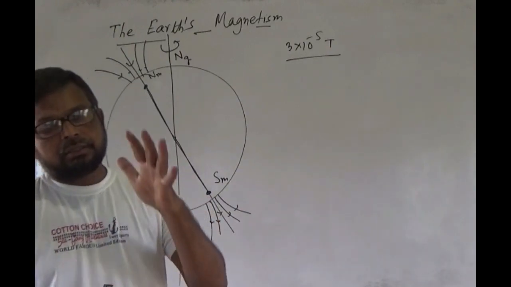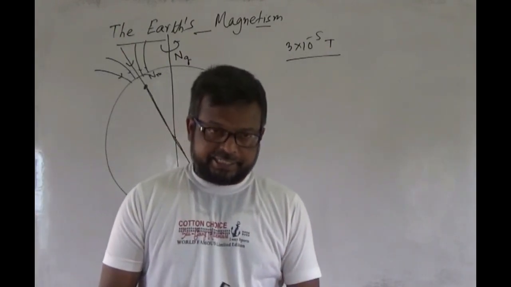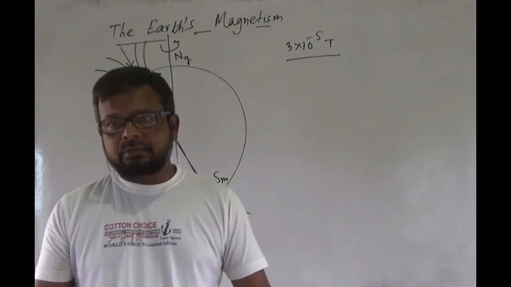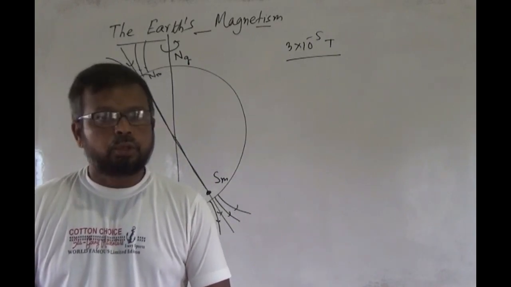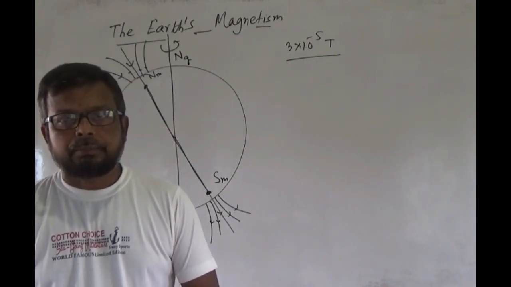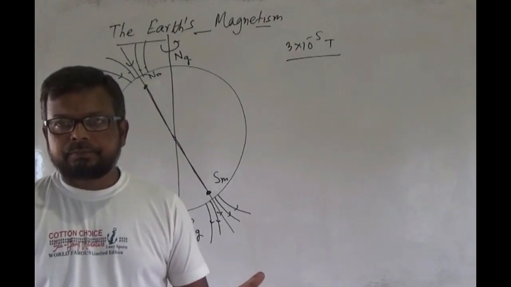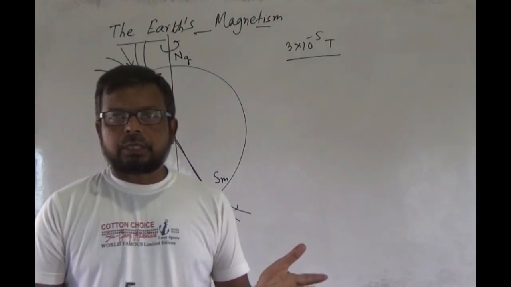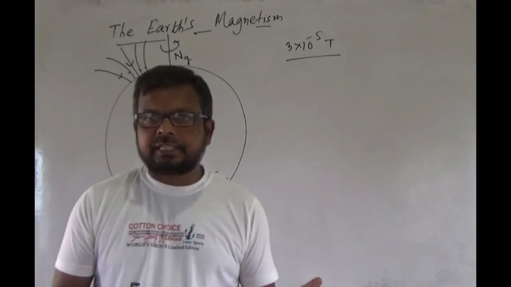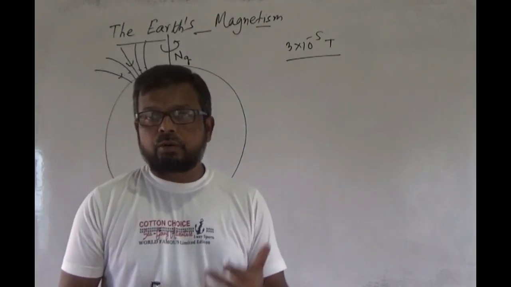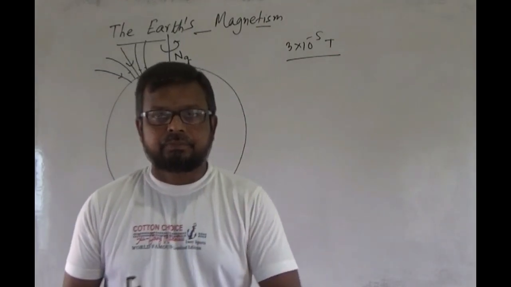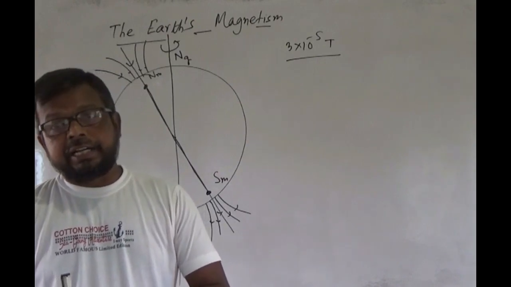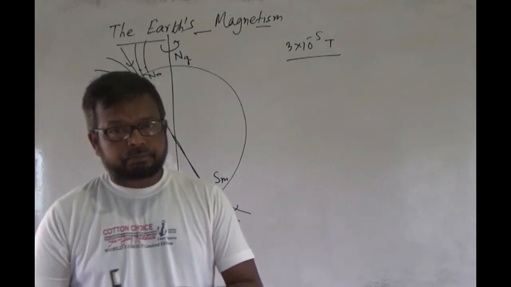The first theory was that there is a large number of magnetized materials inside the Earth, and due to that Earth shows the magnetism. But this was rejected because there is no sufficient quantity of such materials in the Earth, and the material will not have any magnetism due to the very high temperature inside the Earth.